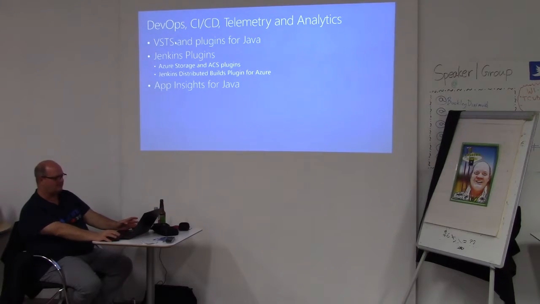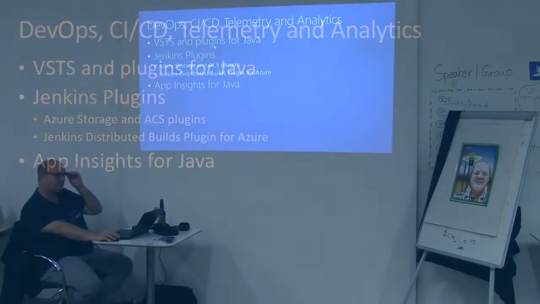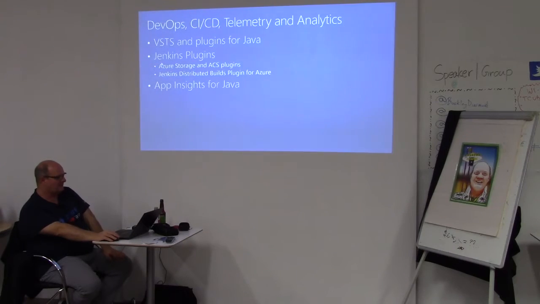And then some of the other things we have. We have DevOps tools, Chef, Puppet, all the major DevOps tools you're probably used to working with. We also have a service called Visual Studio Team Services, which is based on Team Foundation Server. And it's got a number of plugins for Java that work with VSTS to call Jenkins and a few other things. For Jenkins itself, we actually have Azure Storage and Azure Container Service plugins.